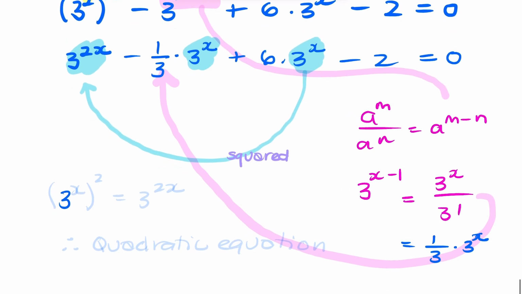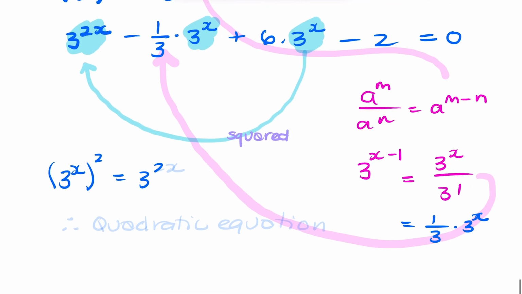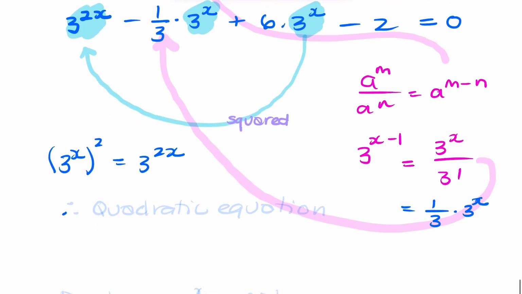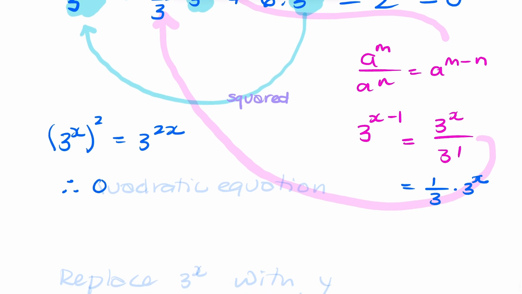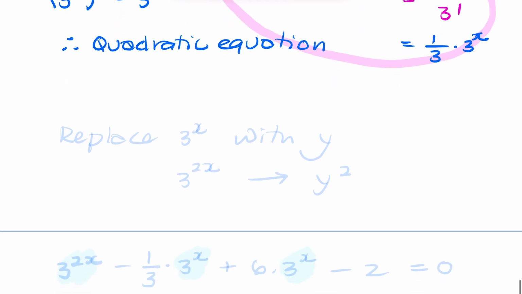I can write it like this: 3 to the power x squared equals 3 to the power 2x. So therefore, we have a quadratic equation. All we need to do now is write it as a quadratic equation.